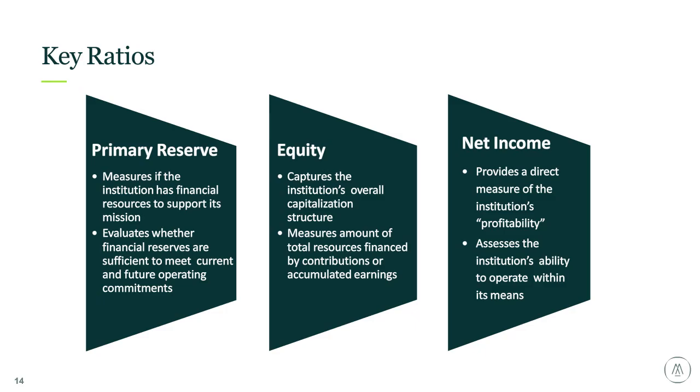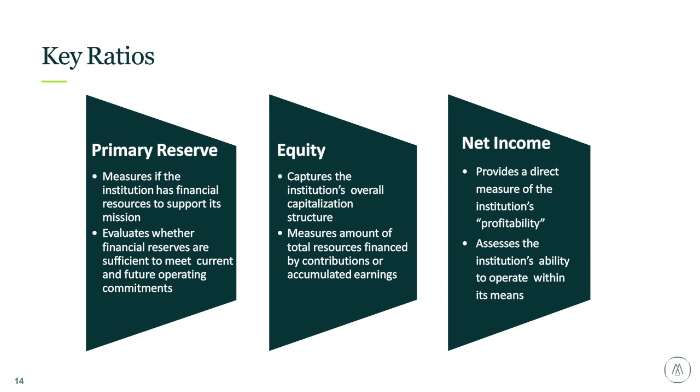For the ones that do have to follow these standards, there are 3 ratios that are calculated. The first one is the primary reserve ratio. This measures if the institution has financial resources to support its mission. Are their financial reserves sufficient to meet current and future commitments is the question it's asking.